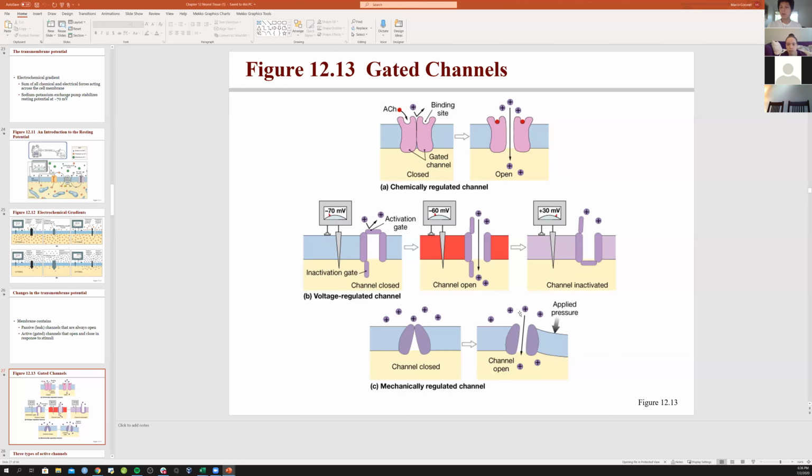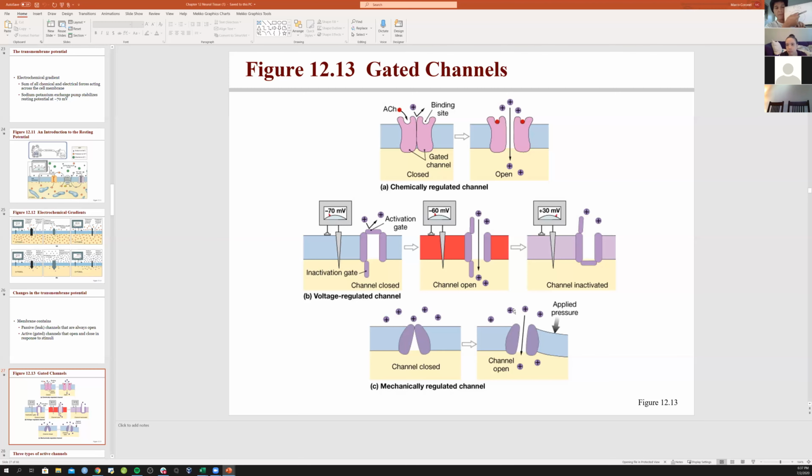The sodium potassium pump is in charge of reestablishing these gradients: more sodium outside, more potassium inside. There's a lot of sodium outside and a lot of potassium inside, and little sodium and little potassium in the opposite compartments. These gradients are actively created by the sodium potassium pump.